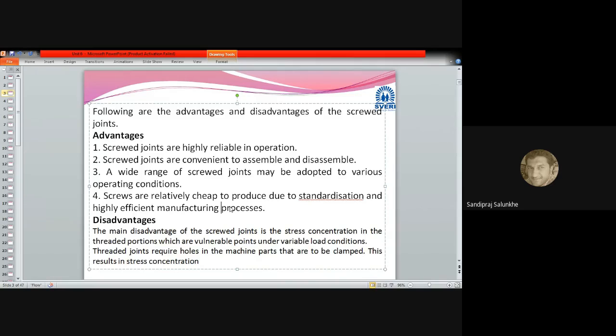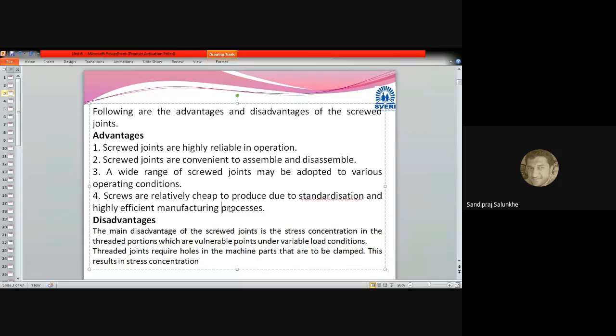Likewise here also, nut and bolt are not required to be designed. But basically, to say nut and bolt are not required to be designed is not true. Basically, threads are not required to be designed because threads are standardized. But all the dimensions related to the nut and bolt are required to be designed.